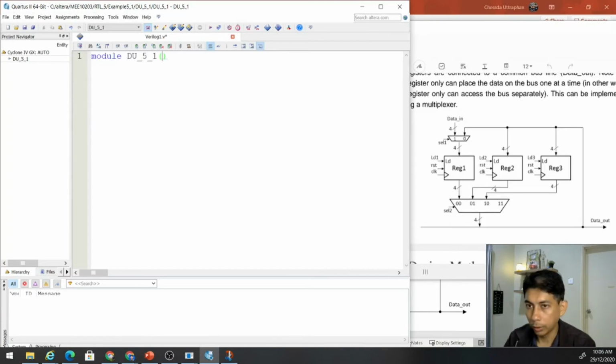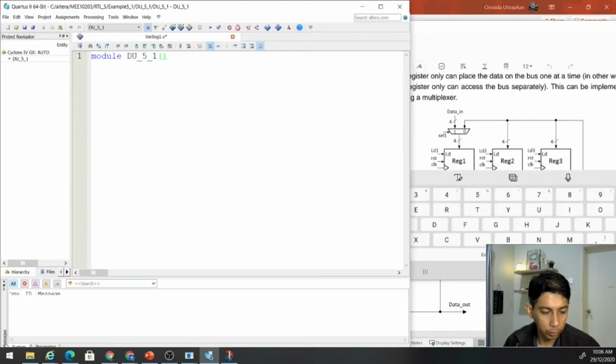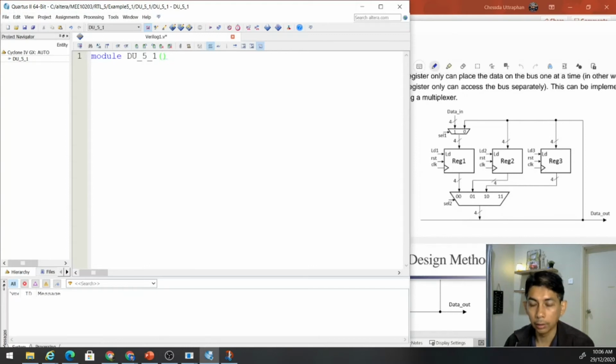We have the module, and remember that when we write the code to describe the digital circuit, we need to make sure that our code is synthesizable. Many of you ask me through WhatsApp that your code has too many warnings when you compile your design.